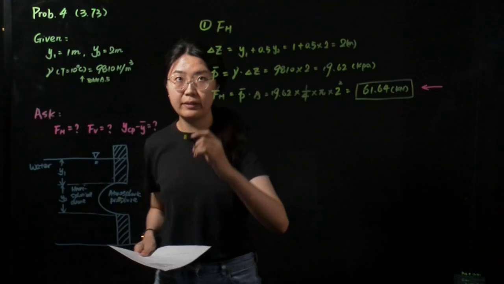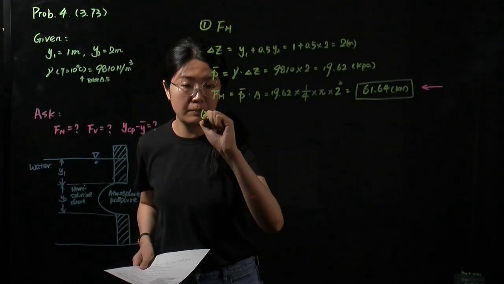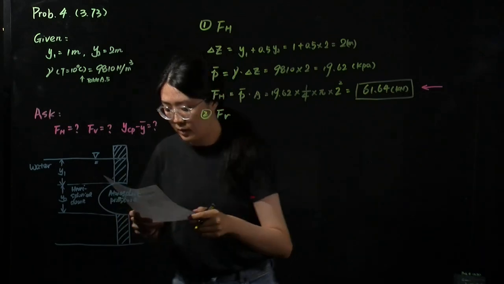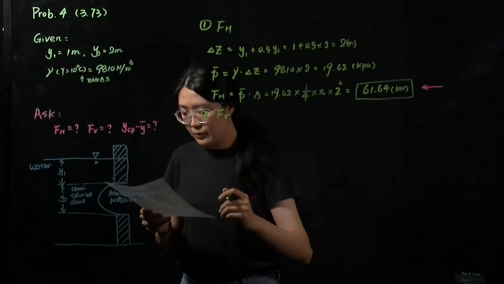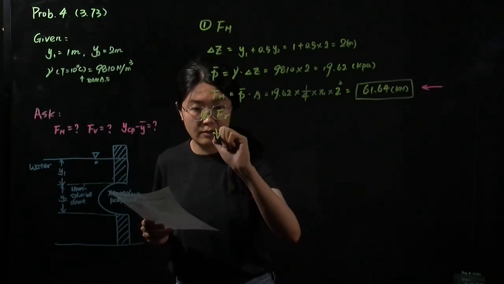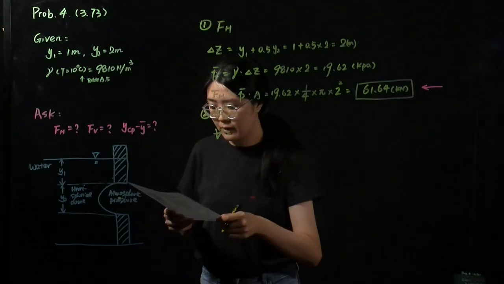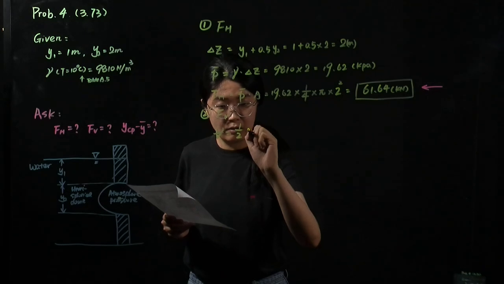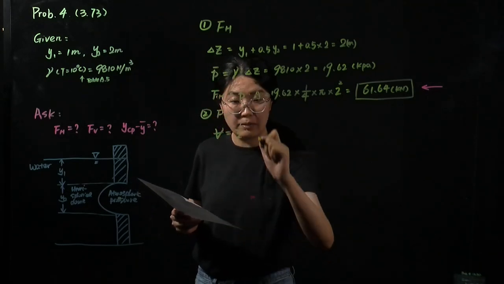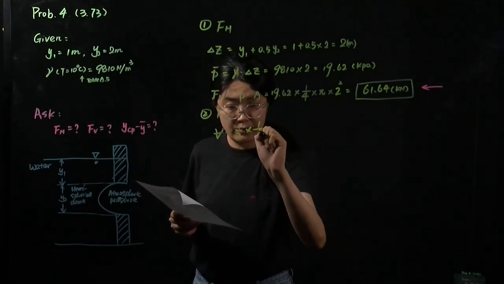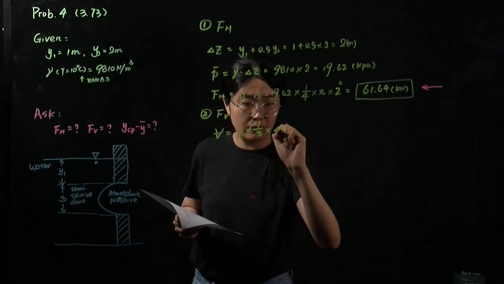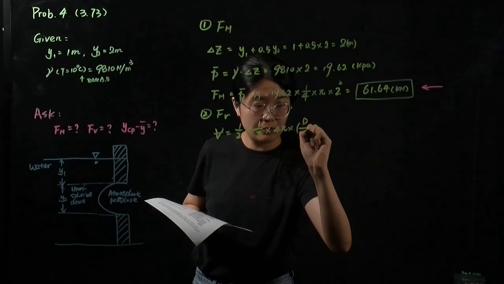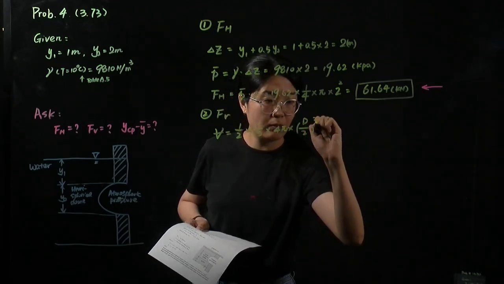Now let's calculate the vertical component of the force. So first we need to determine the volume of the half sphere. It equals 1/2 times 1/3 times 4 pi times (d/2) to the power of 3.